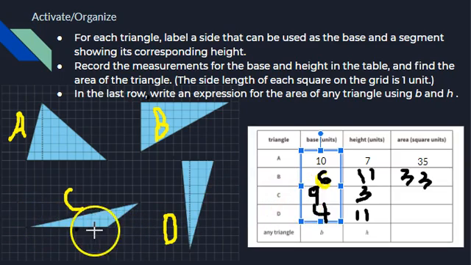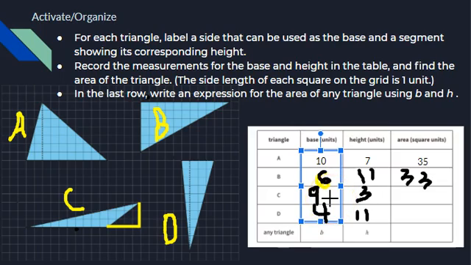For C, I had a base of 9 going across there. And then if I look for the height on this one, I come straight down here and extend out my base. Now this extension for the base doesn't count in with my base. It just helps me form that right angle so I can get the height.